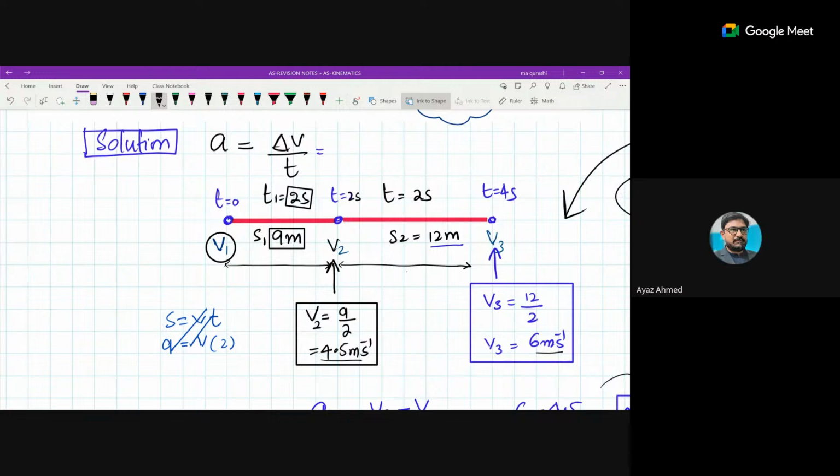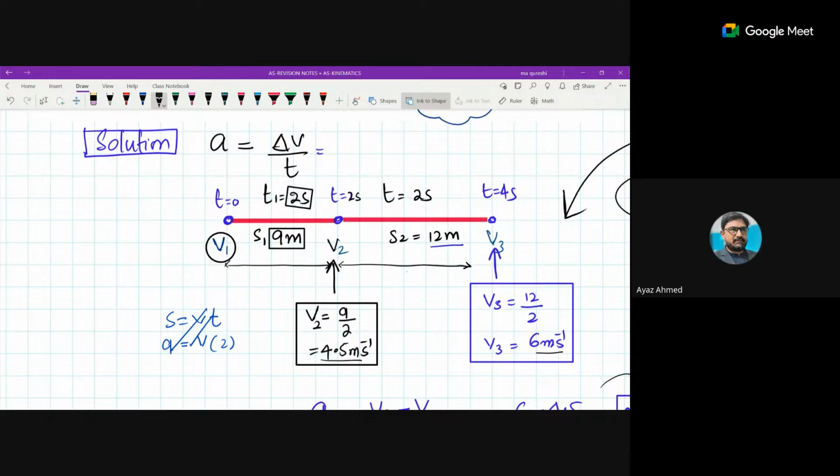For example, if I say that from time t equals 0, the object has velocity v1, and at time t equals 2, the object has velocity v2, then the distance traveled is how much? 9 meters. So what can be the velocity v2? After 2 seconds, I have to find this one, right?